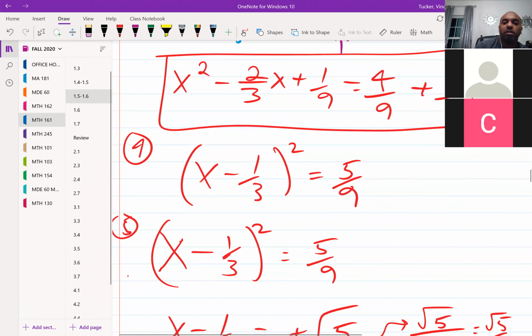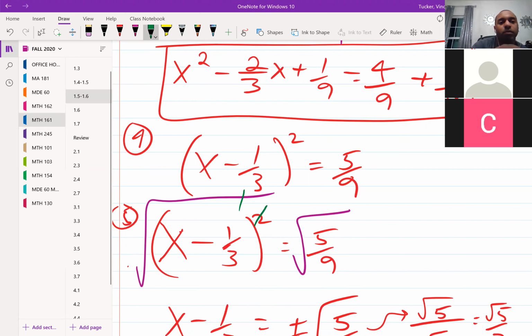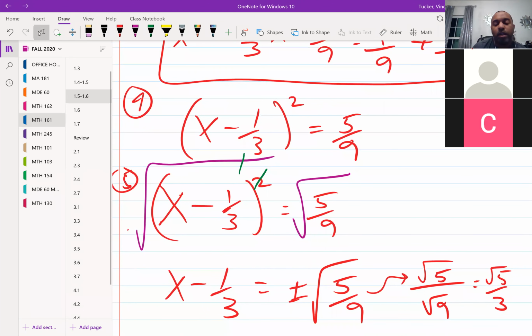All right, very good. So now we take the square root of both sides. Square and square root cancel on the left, leaving you with just x minus 1/3. Then on the right, don't forget, once again, plus or minus, whenever you take the square root of both sides, plus or minus has to be involved.